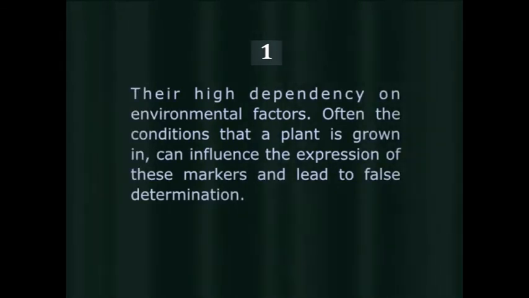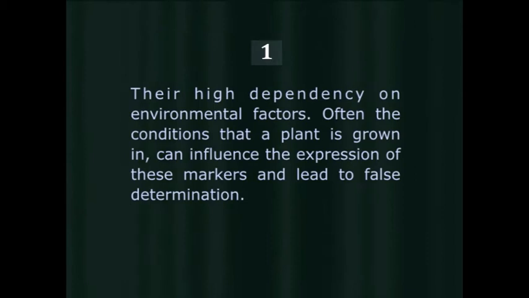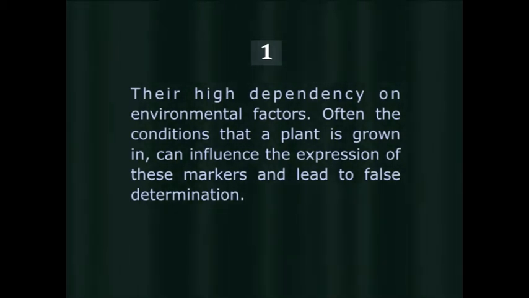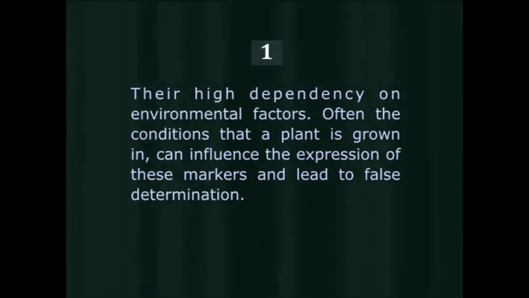There are several undesirable factors that are associated with morphological markers. The first is their high dependency on environmental factors. Often the conditions that a plant is grown in can influence the expression of these markers and lead to false determination.